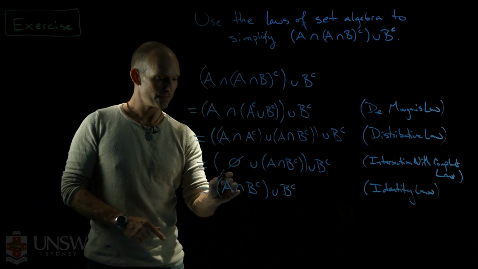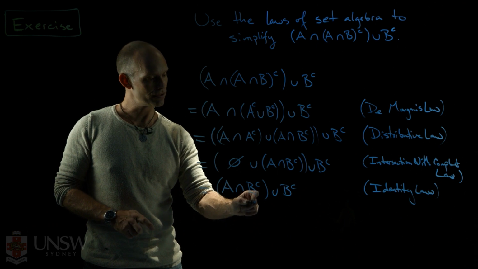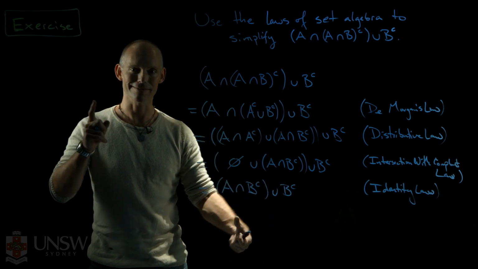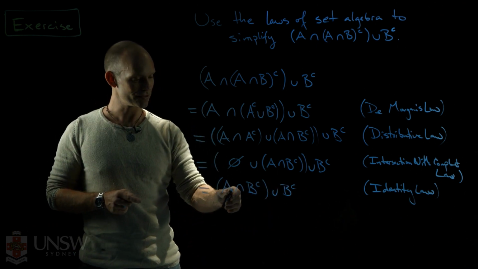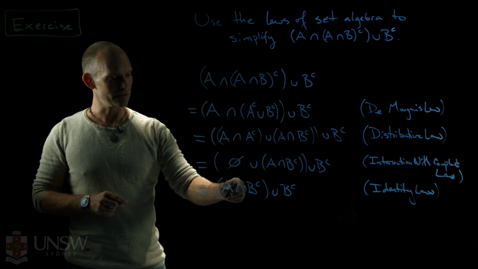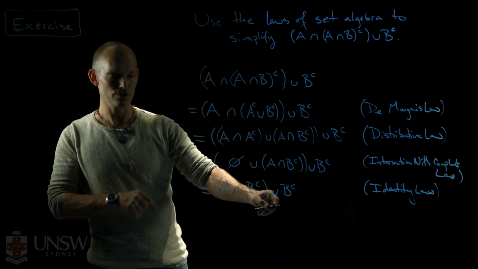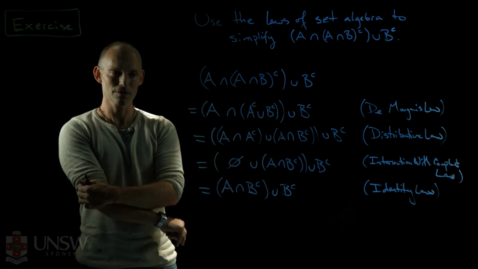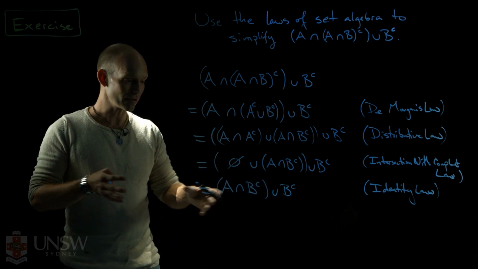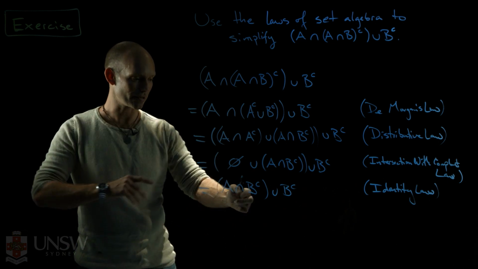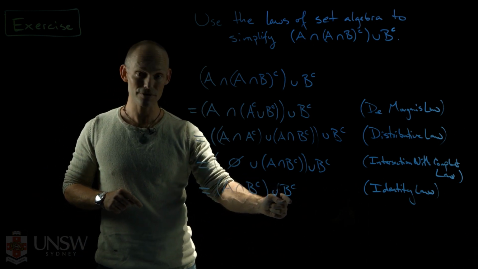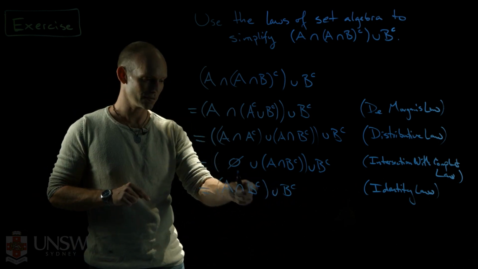Okay, now we have A intersect B complement, union B complement. Aha! So here we've got an intersection with B complement, and then outside the brackets we have a union with B complement. So that leads us to say, okay, we're mixing intersections and unions, and we have this outside set also inside the brackets.